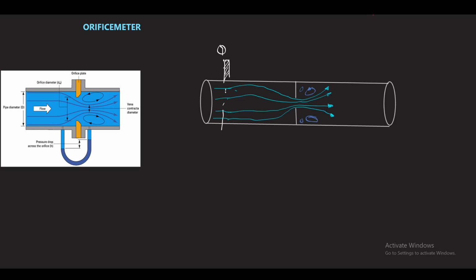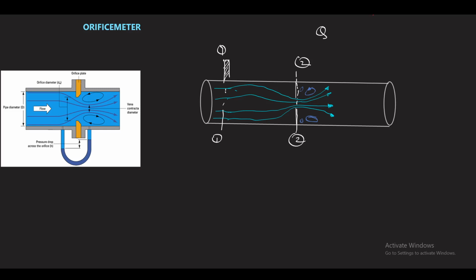But in the orifice meter, the second section is taken at the orifice. So the same derivation that we used in the venturimeter to calculate the Q, that is the discharge, is applicable to the orifice meter also.